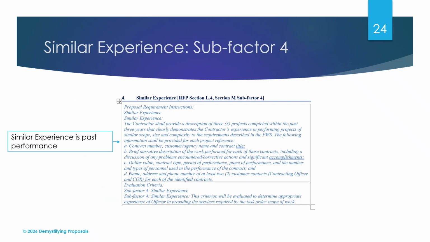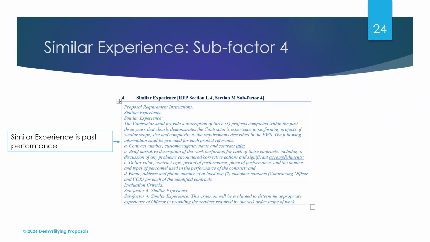So, moving on to similar experience, subfactor 4. Similar experience in this case is really past performance. This is the quintessential past performance list of requirements: the contract number, the customer name, the contract title, a brief narrative description of the work, the dollar value, contract type, period of performance, place of performance, the number and types of personnel, and the name of the contracting officer and/or the COR.